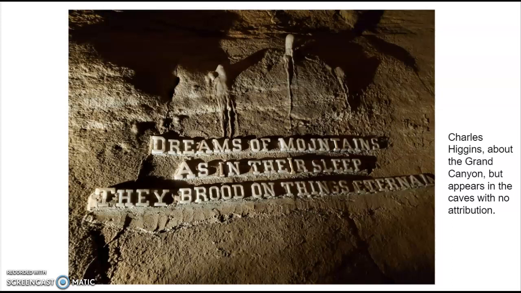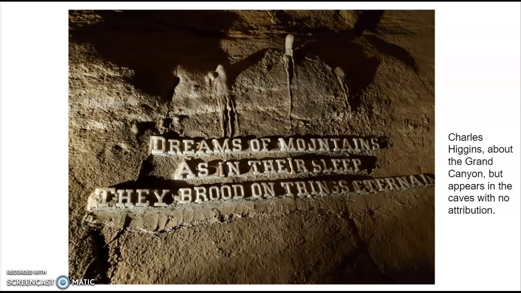So here in the middle of the cave, the tour guide stopped and said, some white people, I don't recall their names, insisted, probably the Picketts, right, who founded it, insisted that at this place, this quotation is read: dreams of mountains, as in their sleep they brood on things eternal. They did not mention the author of this piece, who is Charles Hart Higgins, and this was actually written about the Grand Canyon.